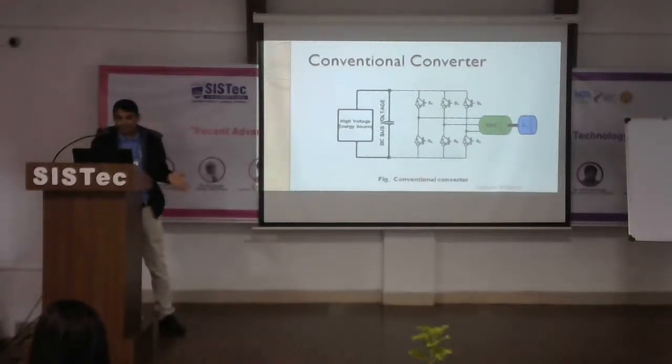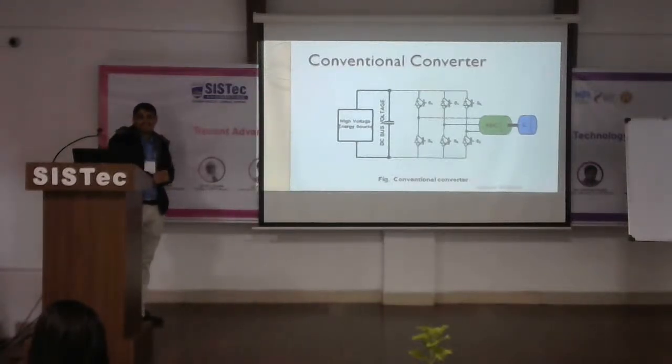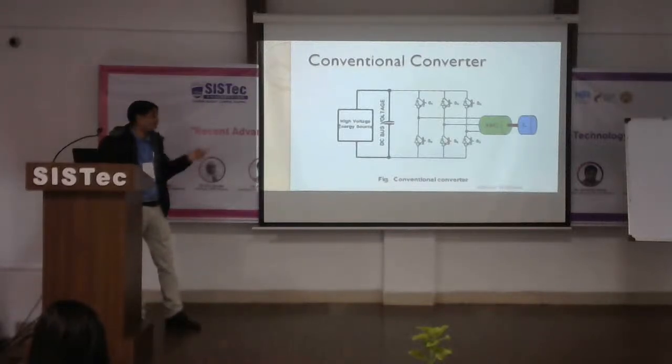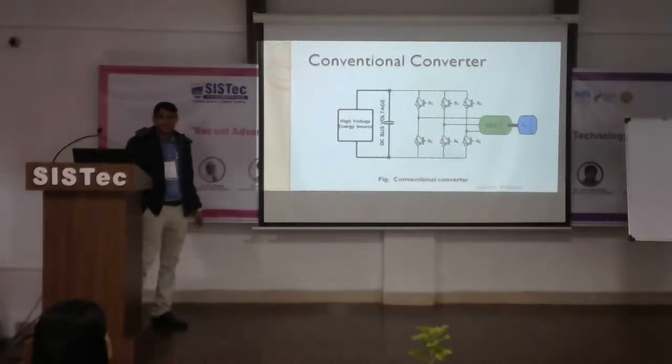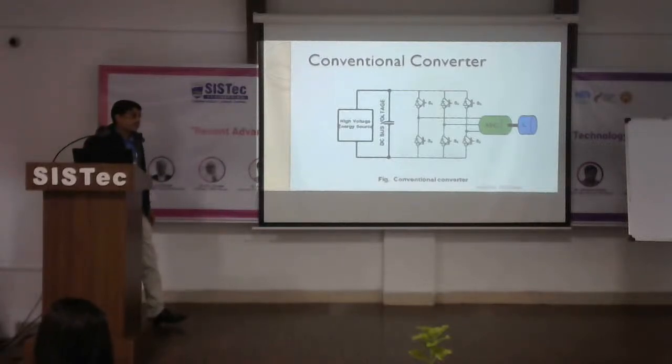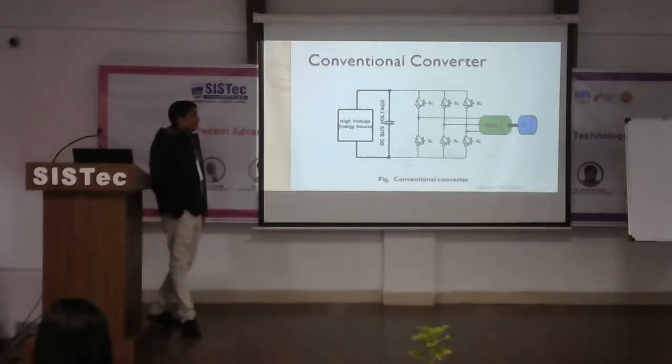Okay. Now this conventional system has a low voltage energy source, whereas the previous one was a high voltage energy system. Here, with a low voltage energy source, we can use a DC to DC converter.